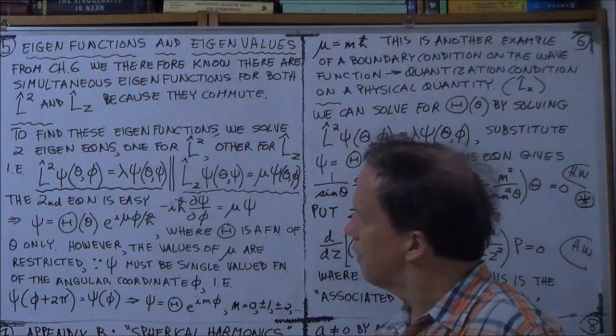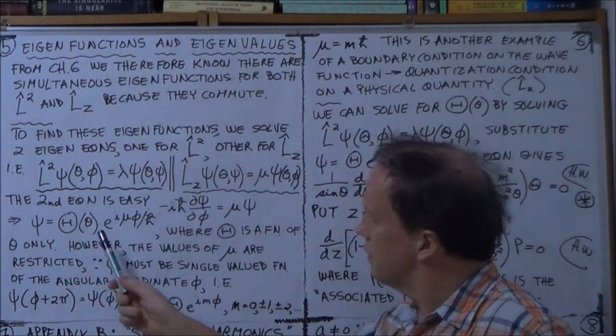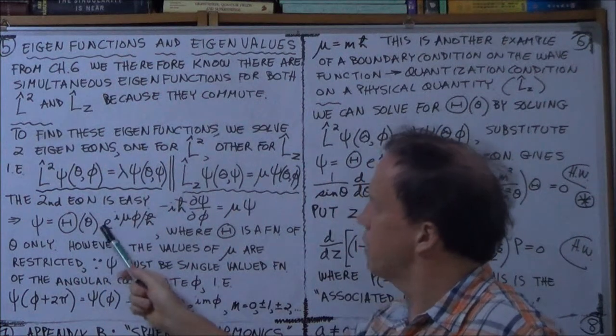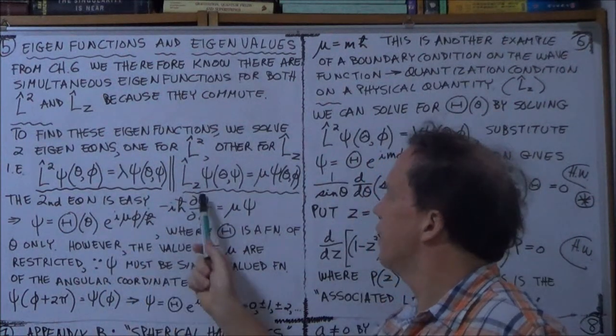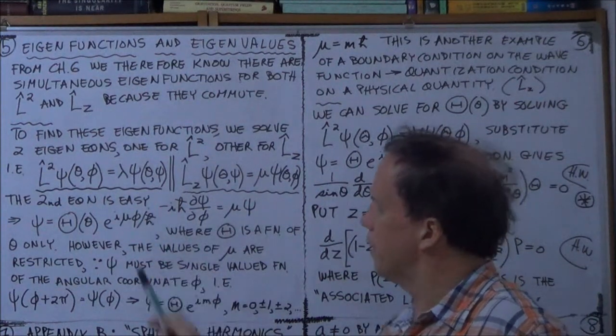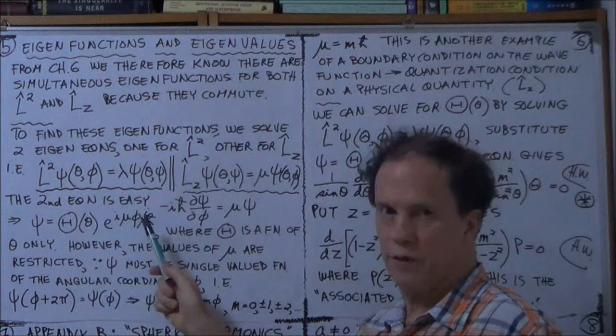So it's just some function, call it capital theta, times exponential i mu phi over h bar. You can get that almost from inspection.